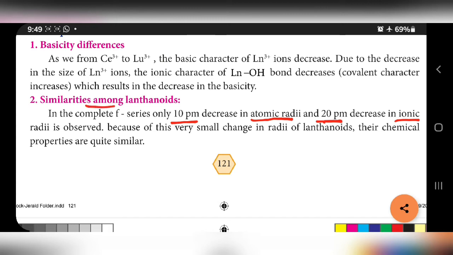So among lanthanides, some similarities are there. The reason is the very small change in radii, because how much does it decrease? Only 20 picometer, that is a very small change. Very small change means approximately all are of equal size, so the properties are also quite similar.